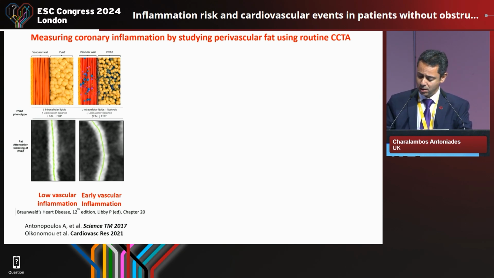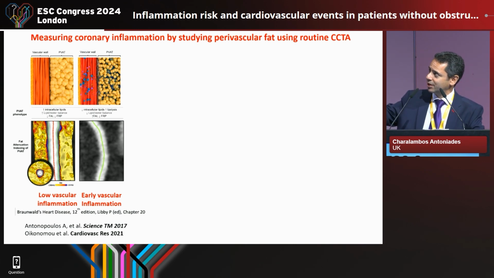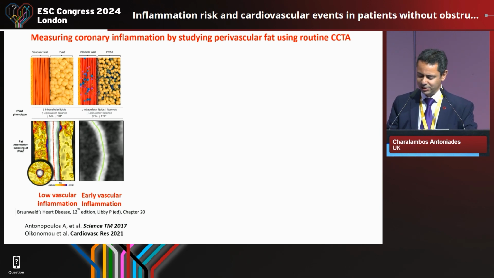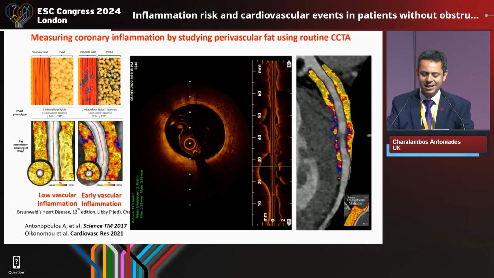However, we developed a method called fat attenuation indexing that brings this information to the surface from routine coronary CT angiograms, and then you can appreciate that if there is no inflammation in the artery, you have this yellow color around the artery. That's the healthy fat. If there is inflammation in the coronary artery, then you get this red color.